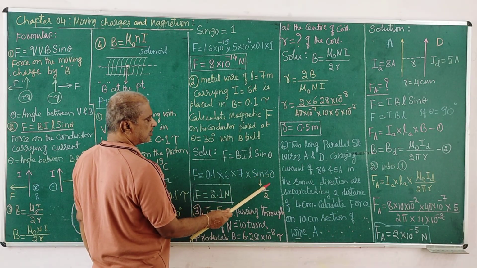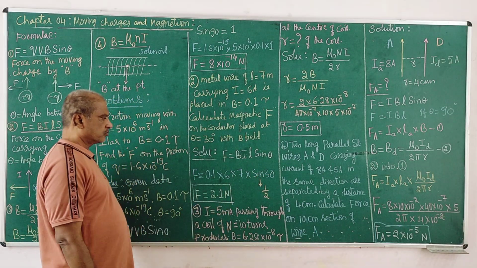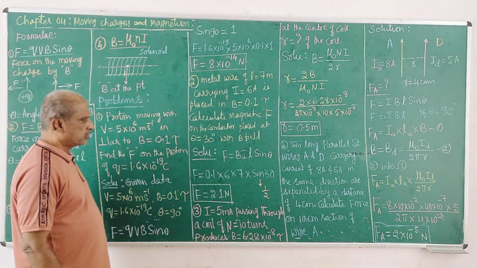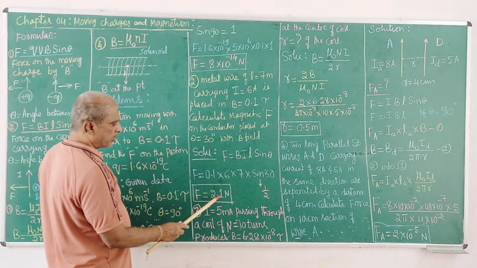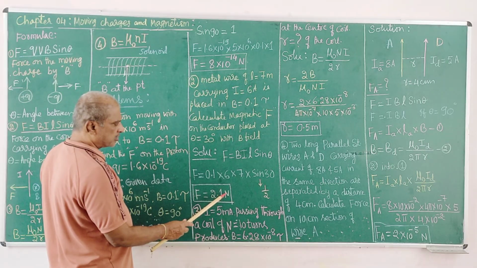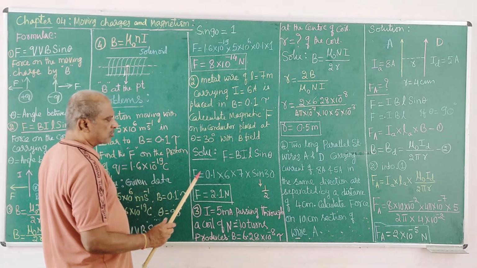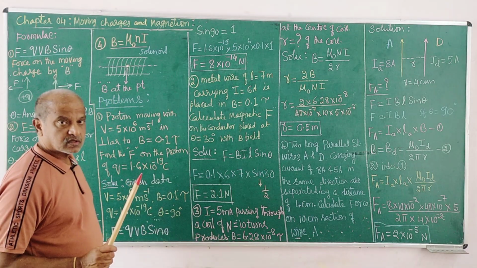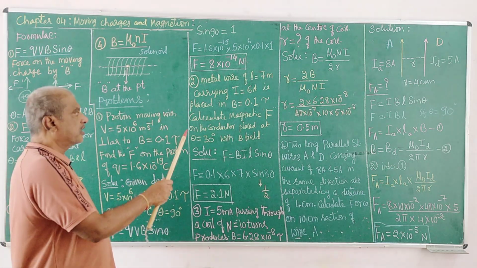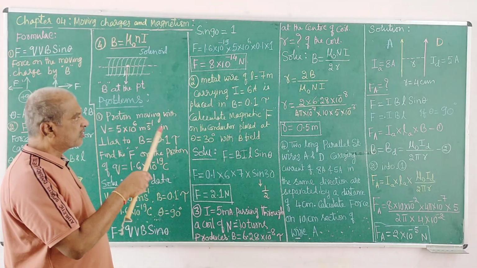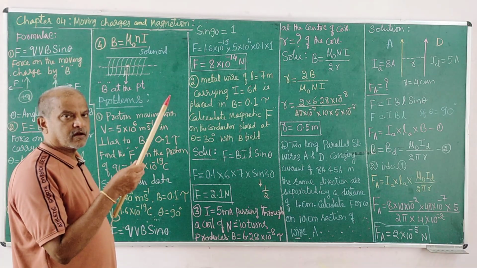Sin 30 is 1 by 2. So upon simplification, we get the value 2.1 Newton. This amount of magnetic force will be exerted on the conductor carrying that amount of current in that field, when it is aligned at an angle of 30 degrees.